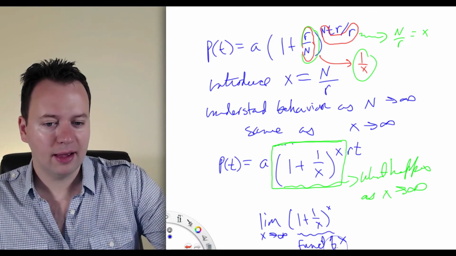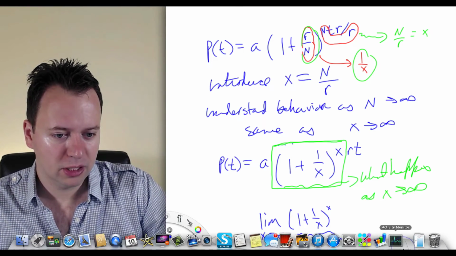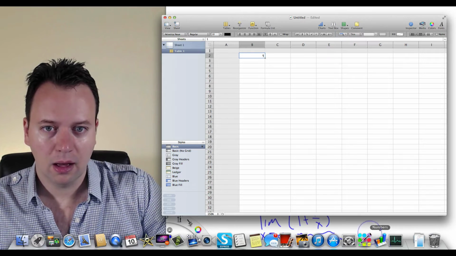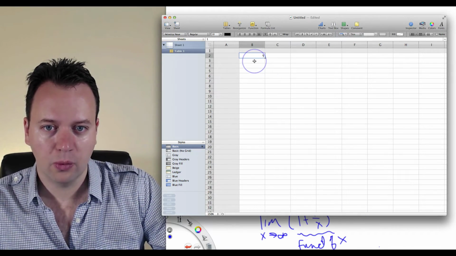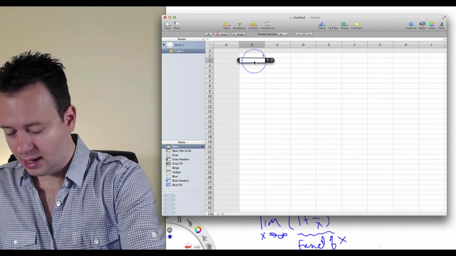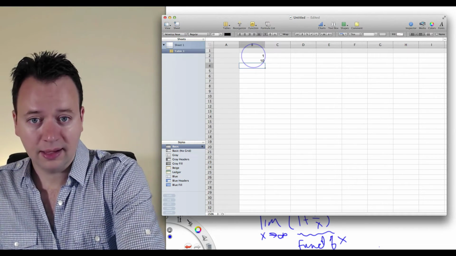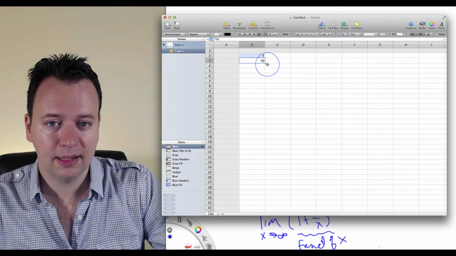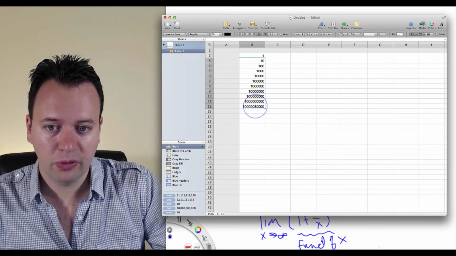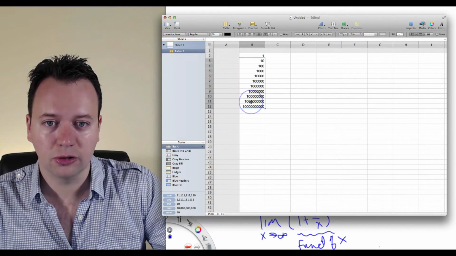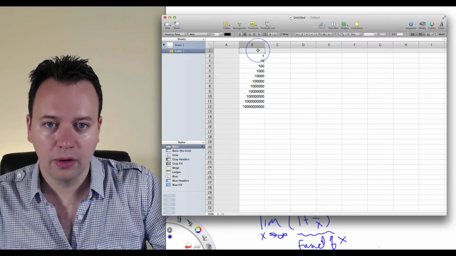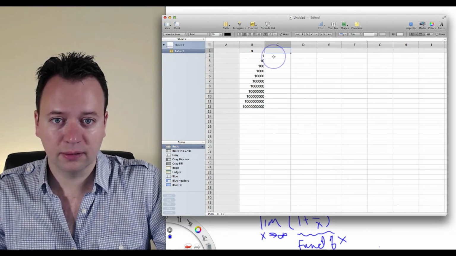So to answer that, I'm going to use an Excel sheet to just get an idea of the answer. So I started off with 1, and I'm going to say equals b2 times 10. So 1 times 10 is 10, and I'm going to pull this formula down so we get larger and larger values. So this column would be the x values.